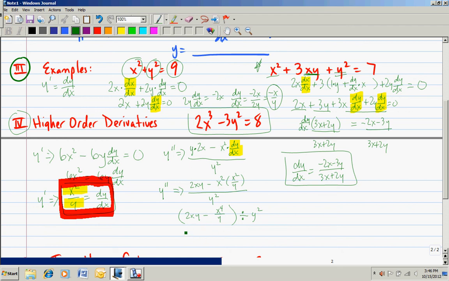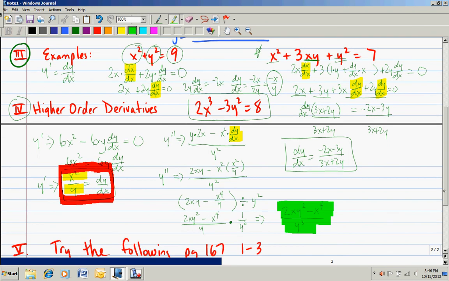Now in order to clean this up, we want a common denominator, so this is going to be 2xy squared minus x to the fourth over y. And anytime we do this, we multiply by the reciprocal. So the second derivative would be 2xy squared minus x to the fourth all over y to the third. This would be the final answer for the second derivative, for y double prime.